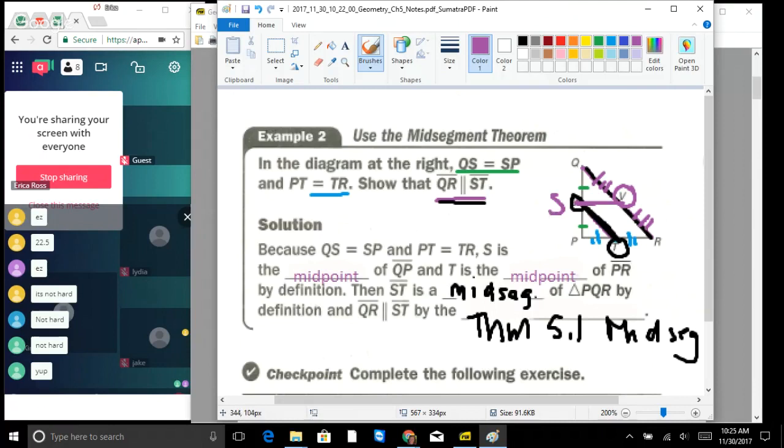SV is also a mid-segment of the triangle. And that also says that SV and PR are parallel to each other. Okay? Pretty easy peasy, right? Easy peasy, lemon squeezy.